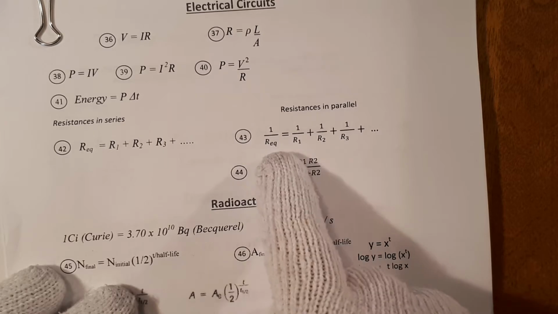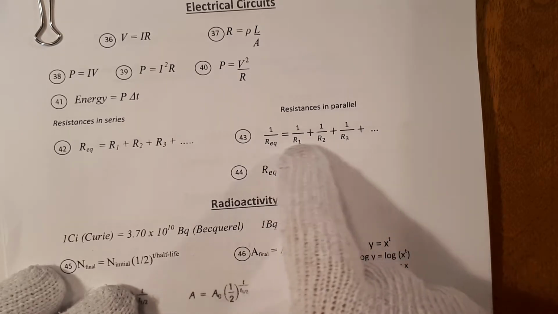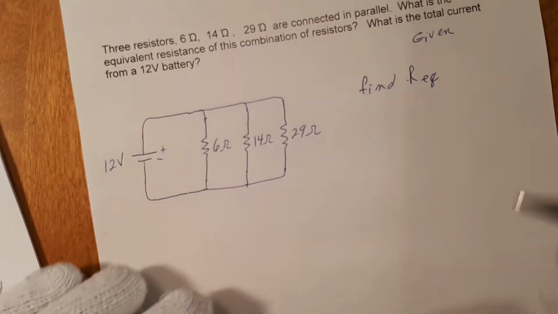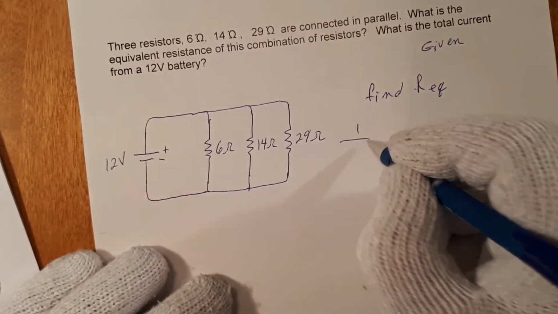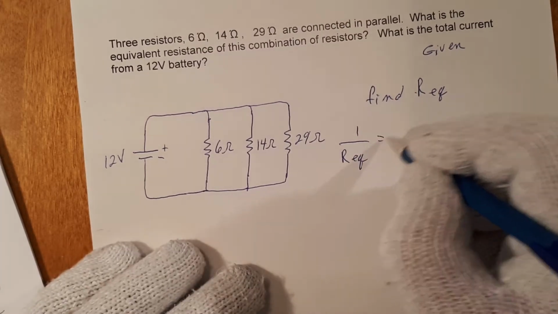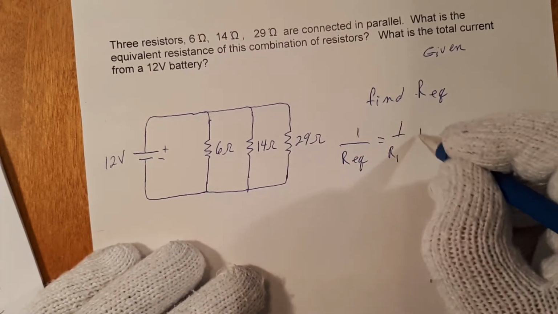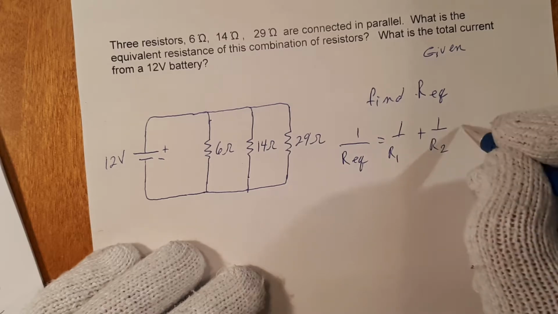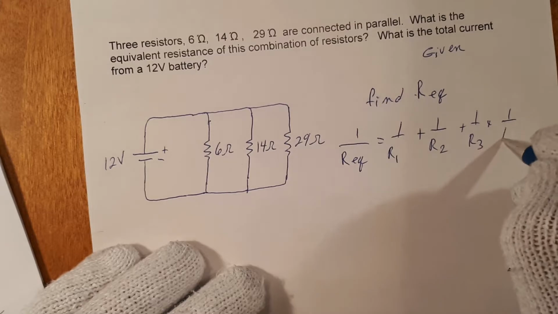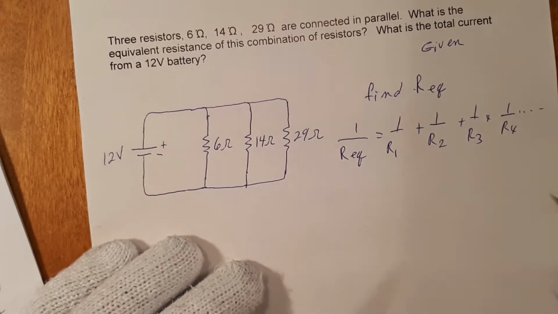So we have 3 right now, so we're going to be using this one. And the equation is 1 over the equivalent resistance is equal to 1 over the first resistor plus 1 over the second one plus 1 over the third one plus 1 over the fourth one, etc. We only have 3.